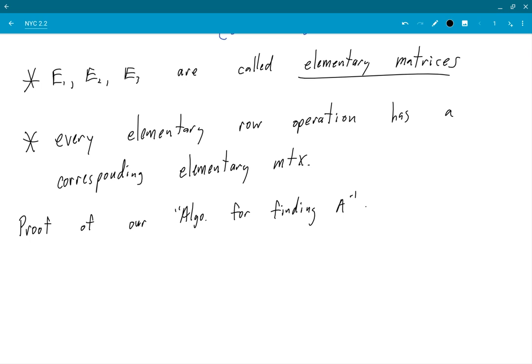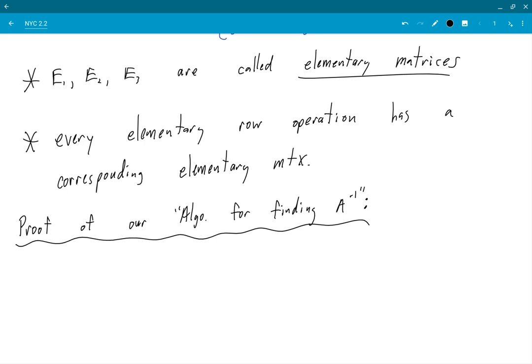I want to use this information about elementary matrices to prove this somewhat mysterious looking algorithm. Those are my quotation marks there.